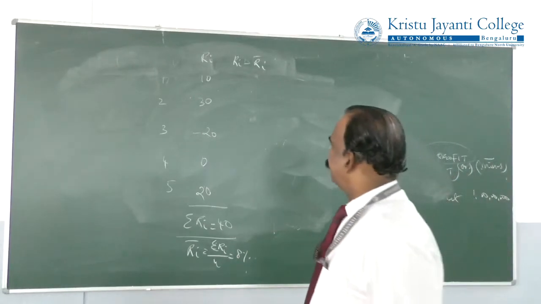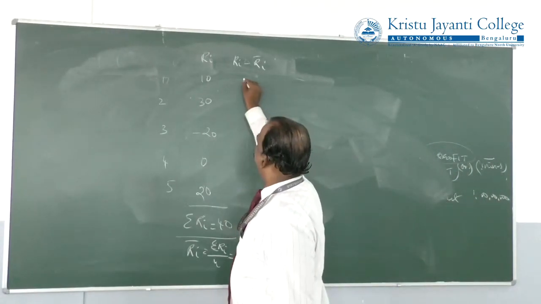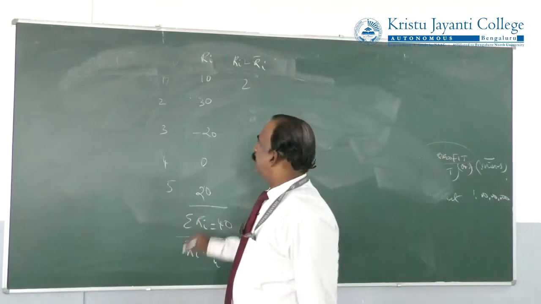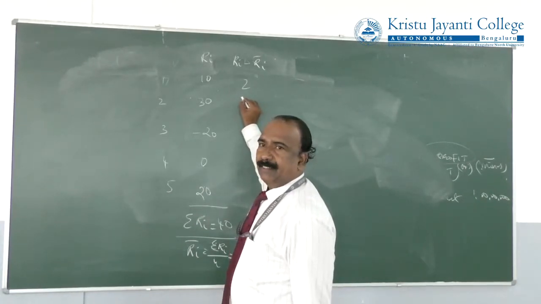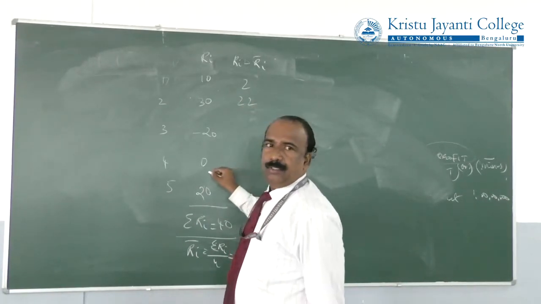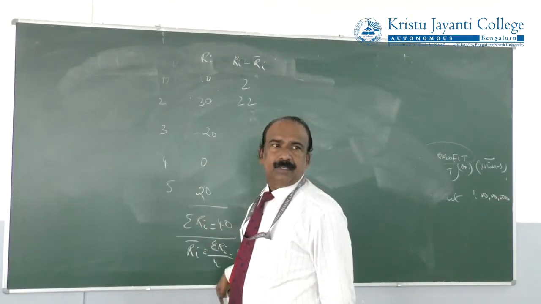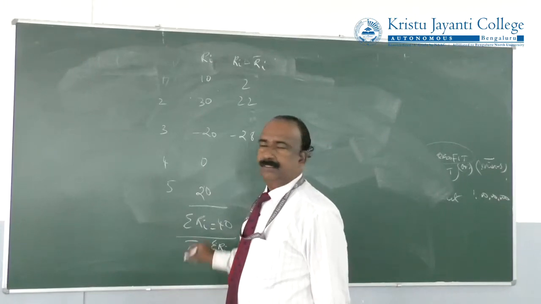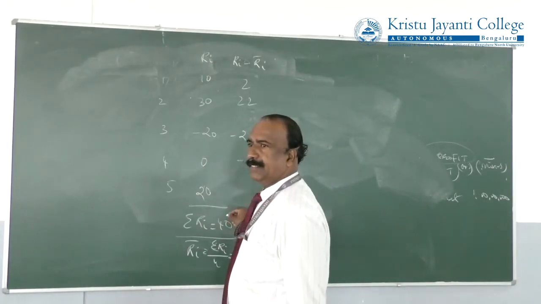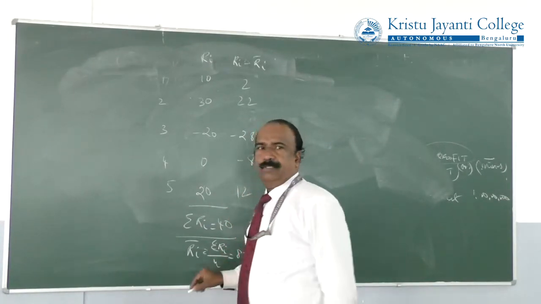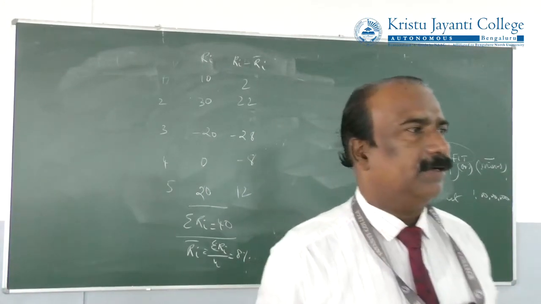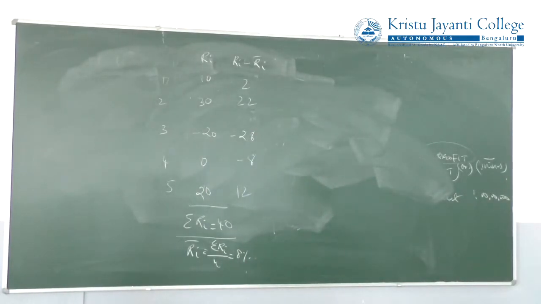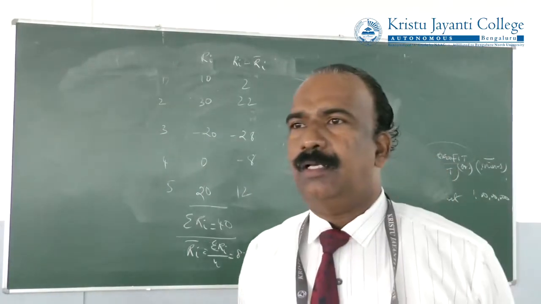How to calculate? 10 minus 8 is 2. 30 minus 8 is 22. Minus 20 minus 8 is minus 28. Minus 8, 12. Correct? Have you got it? Is it clear? All of you understood?